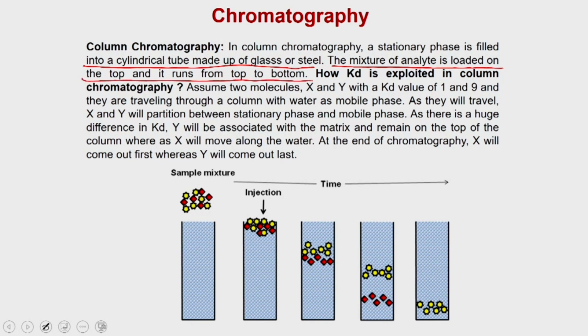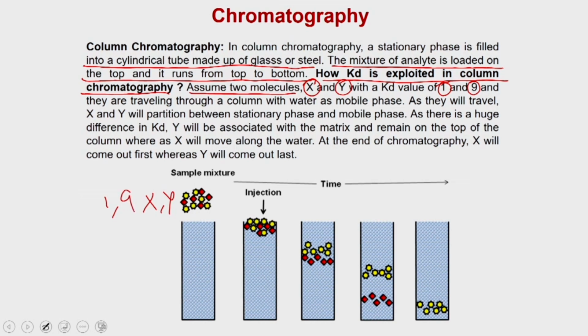Now, let us see how the Kd is exploited in column chromatography. Assume two molecules X and Y with Kd values of 1 and 9 are loaded onto this column.